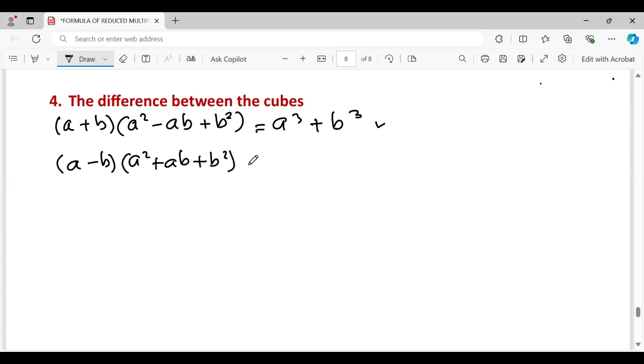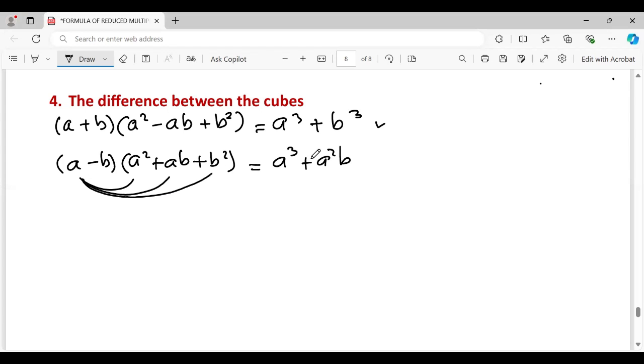Now, if we multiply this term and this term, (a minus b) multiply (a squared plus ab plus b squared), it's going to be like this. A multiply a squared is a cube. A multiply ab is plus a squared b.